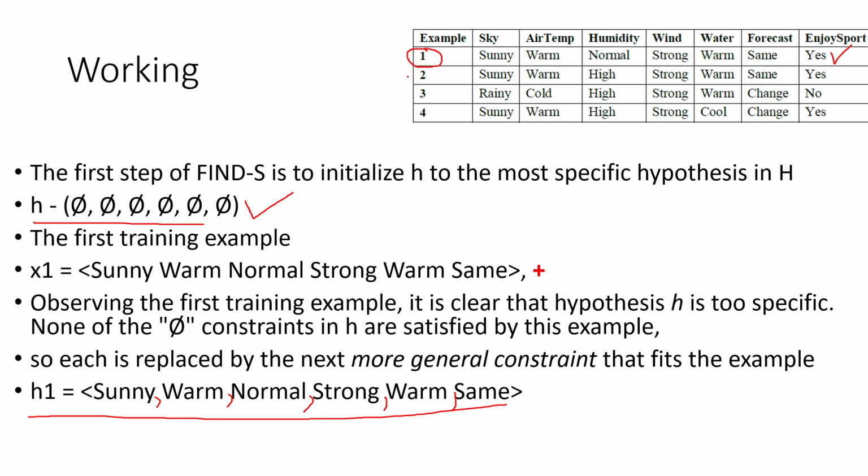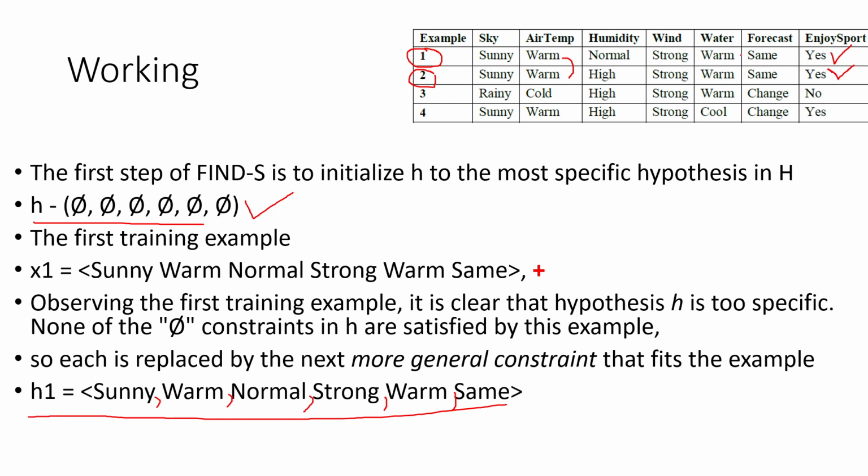We'll go for the second example. After observing, it is a positive example. We have to see: for sky there is no change in the attribute, and air temperature also has no change, but for humidity there is a change from normal to high. That means it accepts another value also.